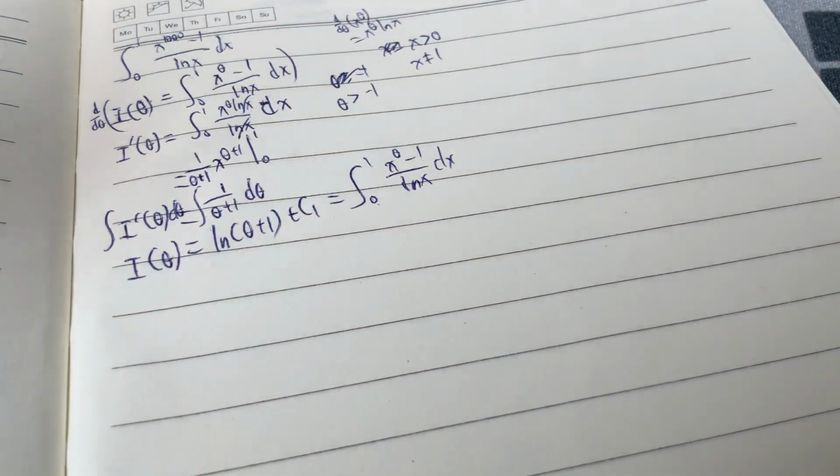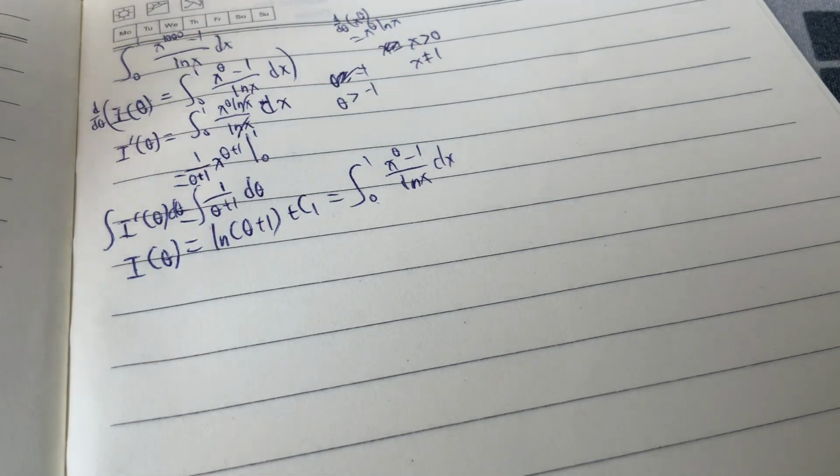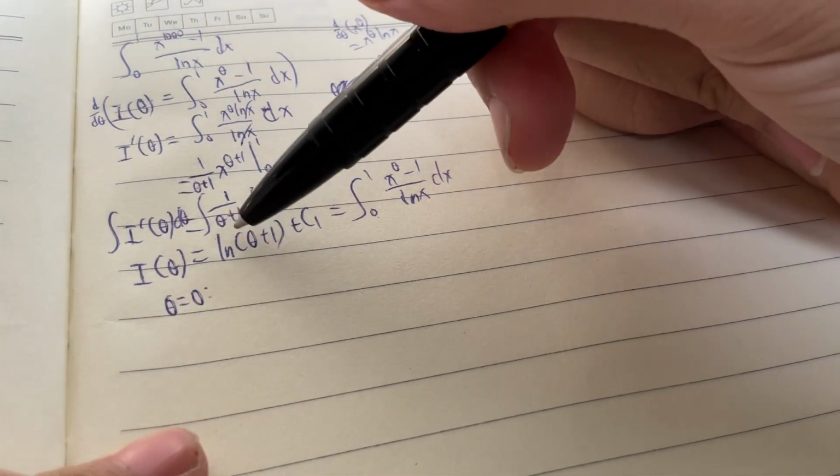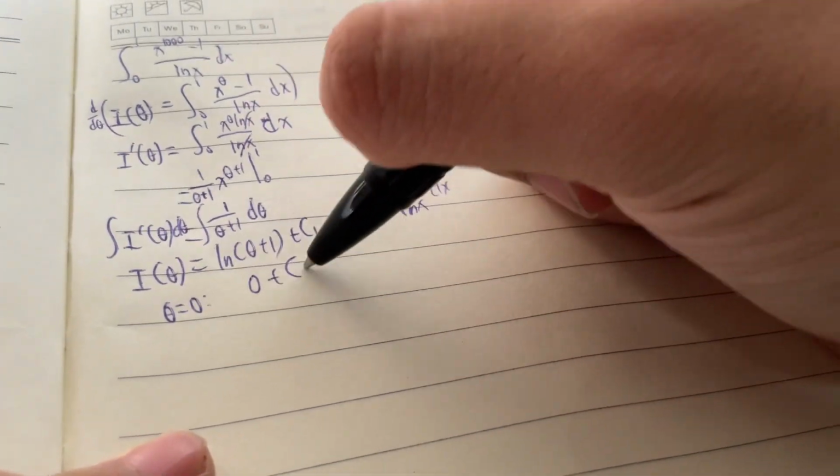So what value should we put inside theta? The answer is 0. Let me put 0 inside. First, ln of 0 plus 1 gives 0, plus C1.